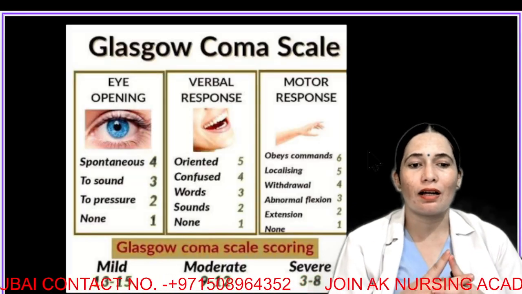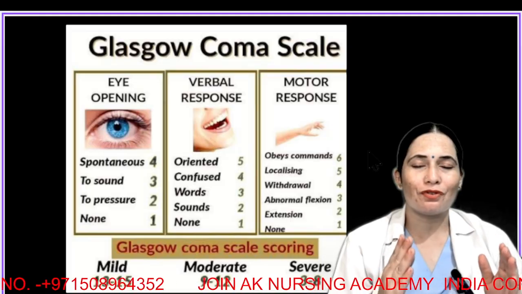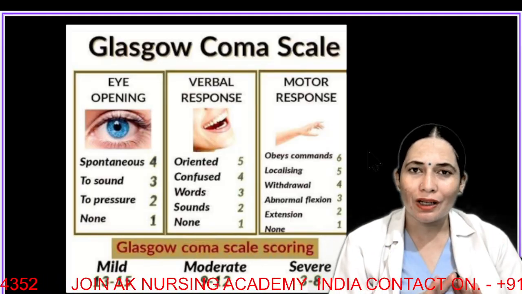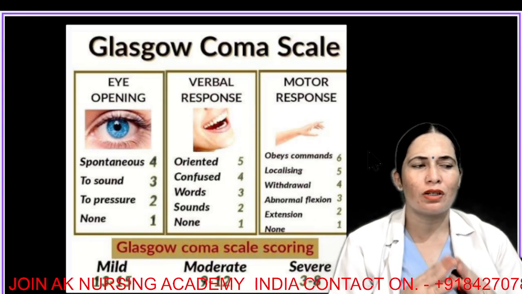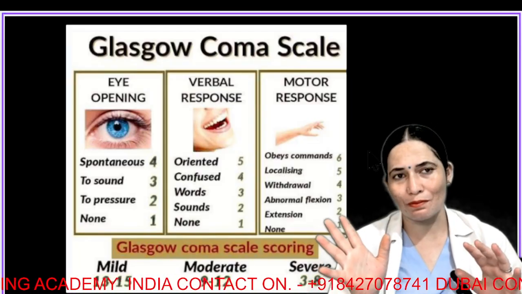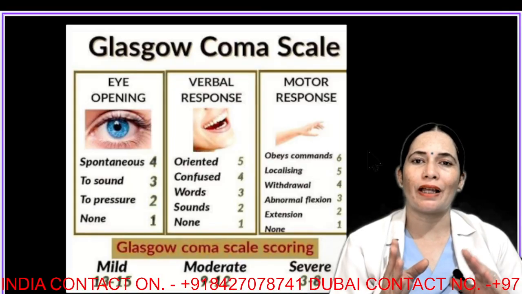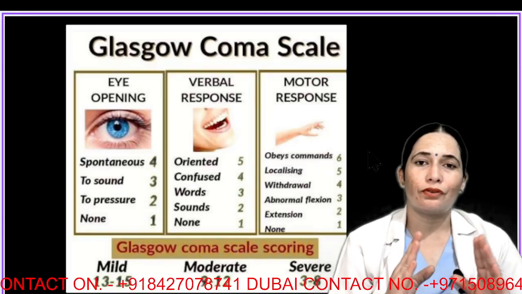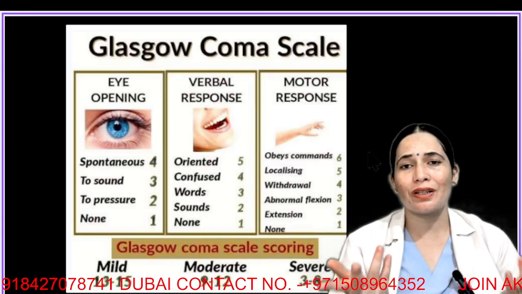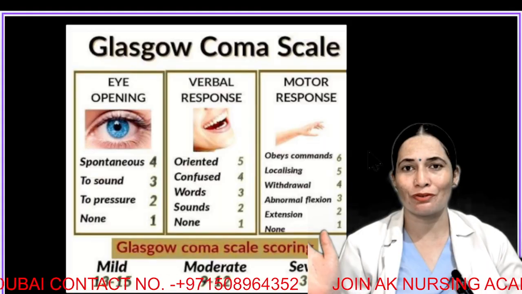First is eye opening. If a nurse enters the patient's room, with no kind of stimulus given to the patient, and the patient spontaneously opens his eyes to see who has come into the room, then we give that patient a score of 4.